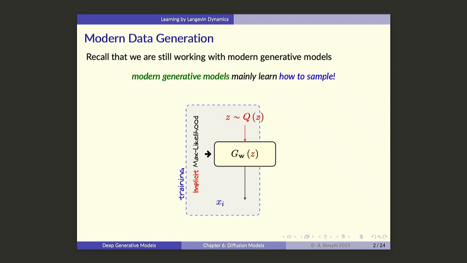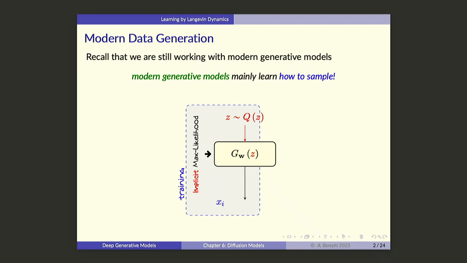So back again on square one. We are again trying to do modern data generation. We're dealing with modern models, and these generative models are essentially not obsessed with the data distribution, meaning that they are not going to learn the data distribution explicitly.